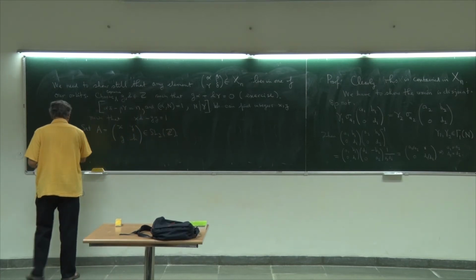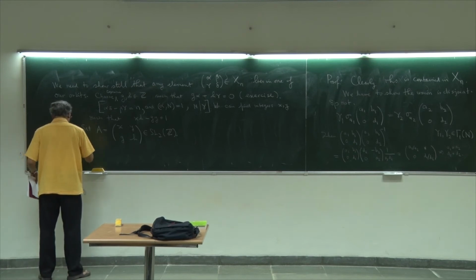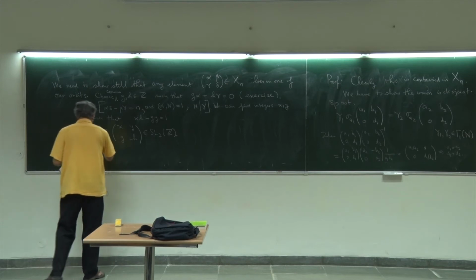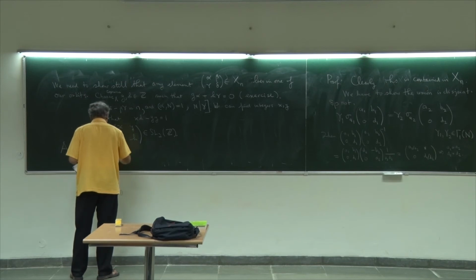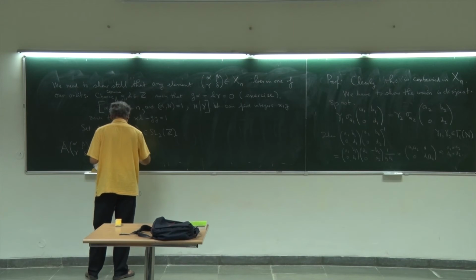And now consider the matrix A times alpha, beta, gamma, delta, which is equal to x, y, g, h times alpha, beta, gamma, delta.